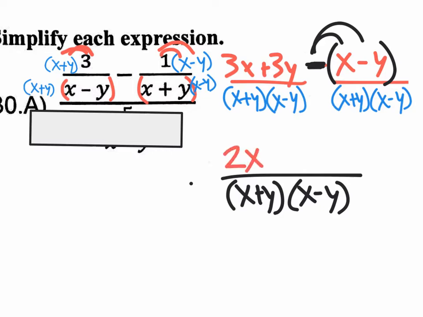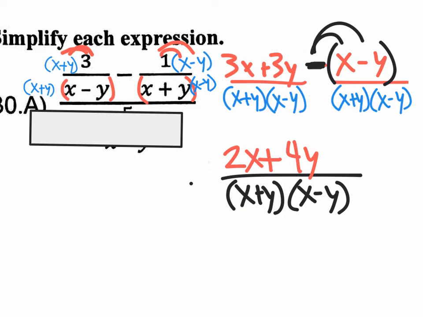That's 2x. And then we have 3y, and this minus y actually becomes a plus y because of the minus. It's kind of like saying 3y minus minus y, or you could distribute it and make it plus. So we really have 3y plus y. That'll become a positive 4y. So plus 4y is what you have up on top.